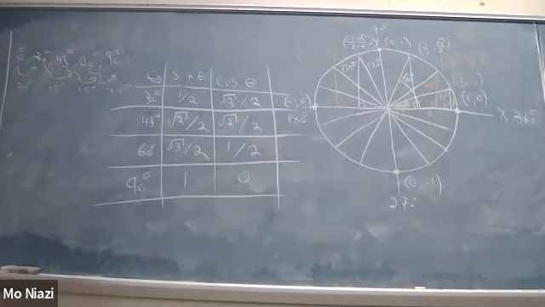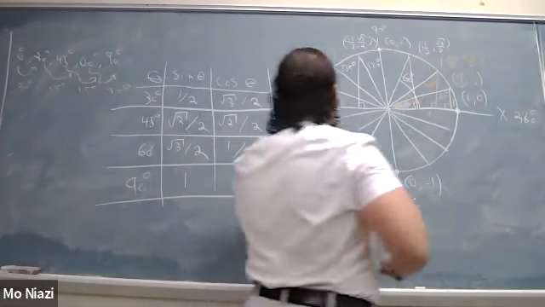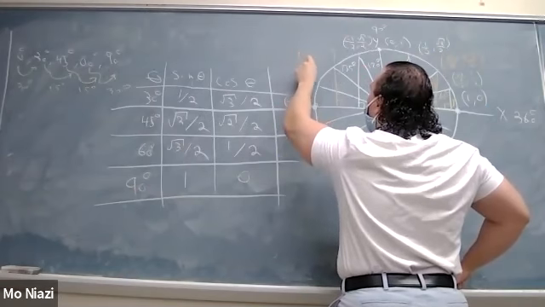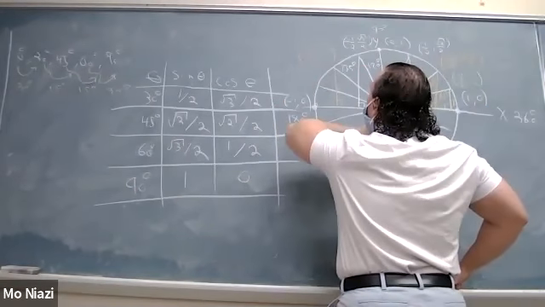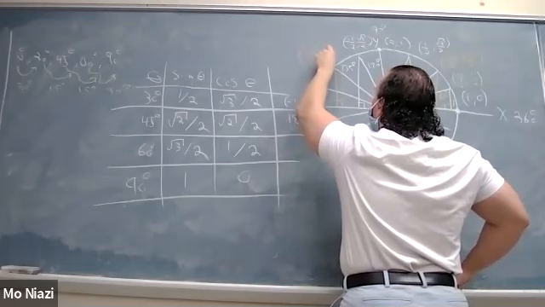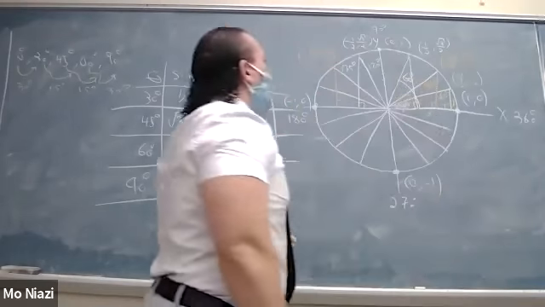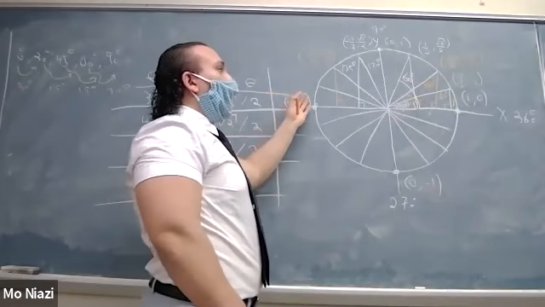So what are the associated sine and cosine values? Negative √2/2, that's correct. Positive. Yes. Why is it positive? X is negative, but why is y positive?